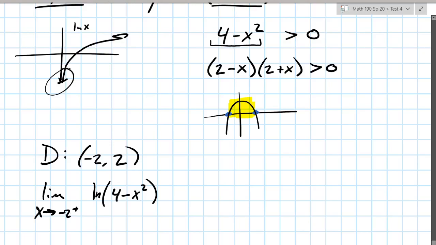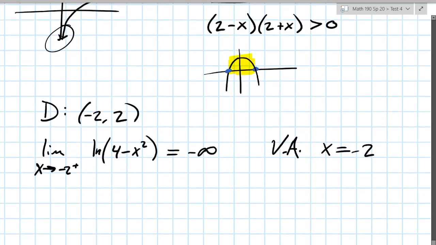When you square that, you get a little bit smaller than 4. 4 minus a little bit smaller than 4 is a little bit bigger than 0, and the ln of a little bit bigger than 0 is, as we saw in our sketch just a second ago, -infinity. So that is a vertical asymptote when x equals -2.